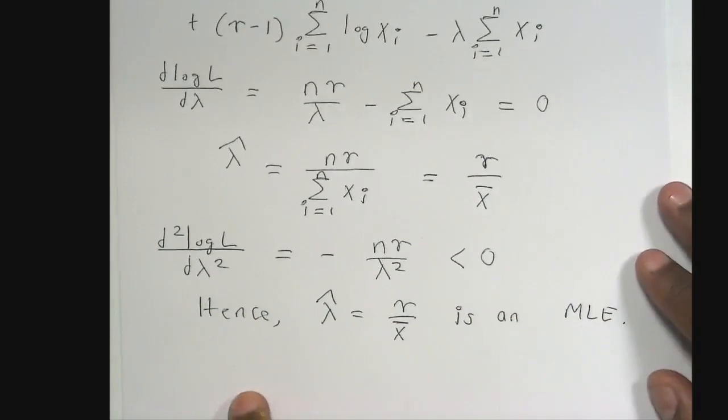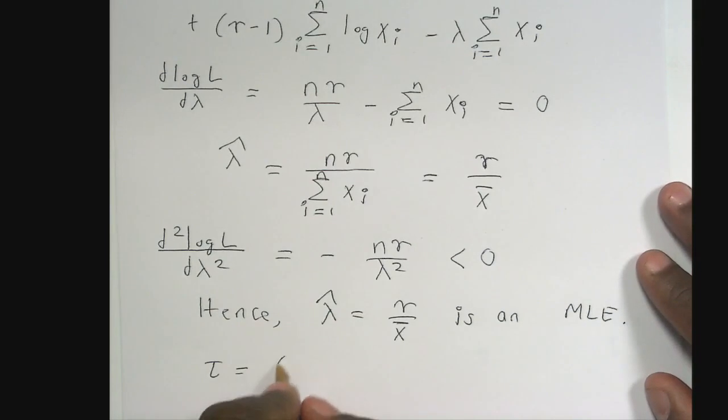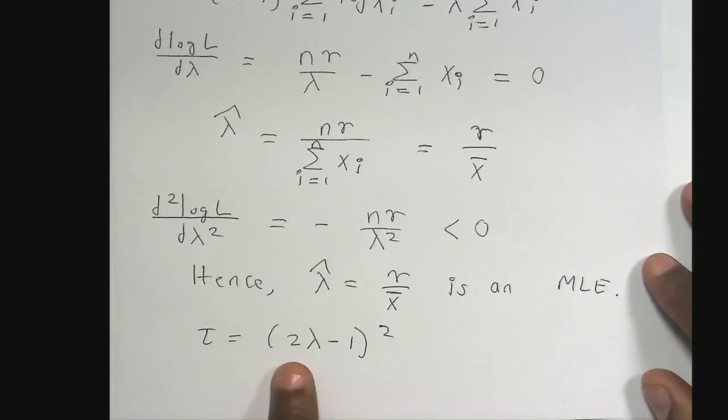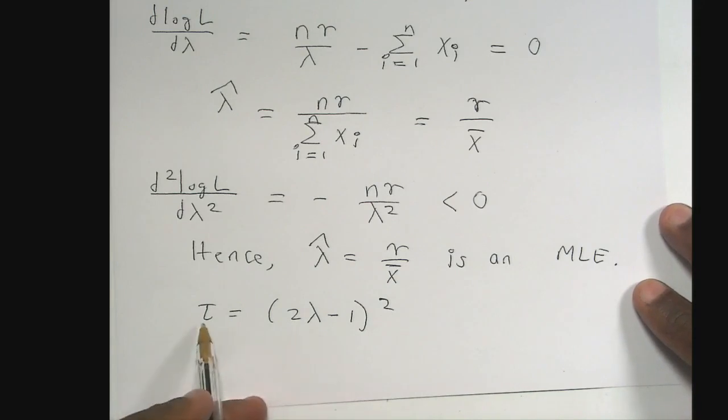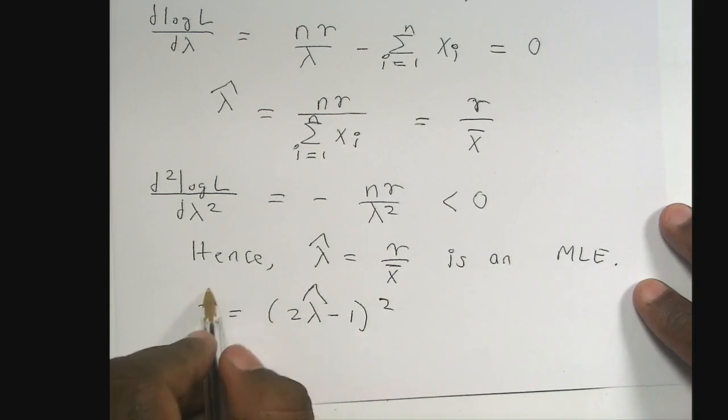Now the question also asks you to find the MLE of this. All you have to realize is that this is a function of lambda. So by one of the properties of MLEs, to find the MLE of tau, all you have to do is replace lambda by lambda hat.